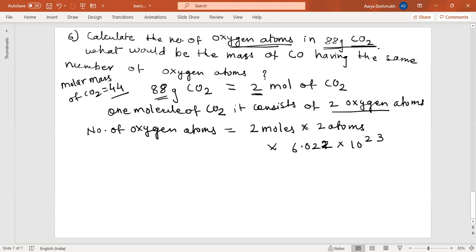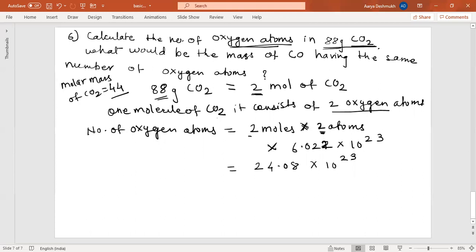So for 2 moles of this, you need to multiply by 2, remember, because there are 2 moles. Otherwise, if it had been 44 gram, that is 1 mole, we would not have used these 2 atoms, remember. Since there are 2 moles, here it should be 2 atoms. So that will be equal to 24.08 into 10 raised to 23.